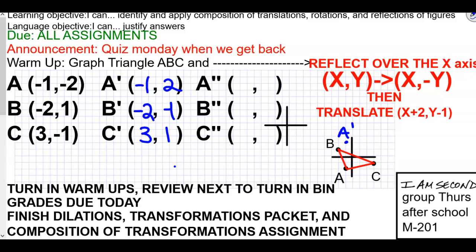B, -2, -1 goes down here. And C, 3, 1. 1, 2, 3 goes up. Connect the dots. That is the new little triangle.